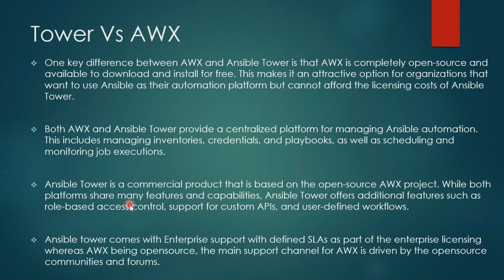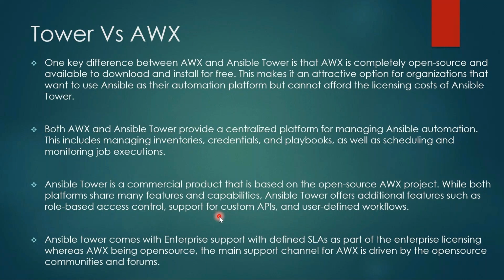Ansible Tower is a commercial product, so it's license based. This is on top of the open source AWX project. So while both platforms share many features and capabilities, Ansible Tower offers additional features such as role-based access control (RBAC). So only Ansible Tower has the RBAC mechanism.